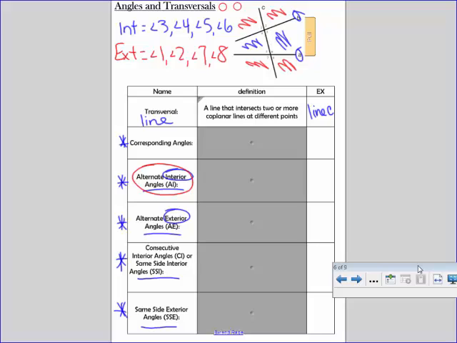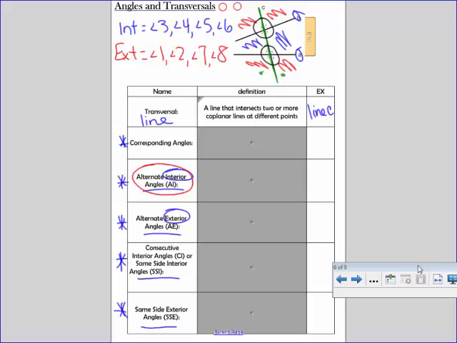Now, the alternating part, when we talk about alternating, it's in respect to the transversal that I just highlighted. Alternating means it has to be from one side to the other. Another key part of the definitions: I'm going to circle the cluster of angles on lines A and B. Each one of these angle pairs has to come one from each line.